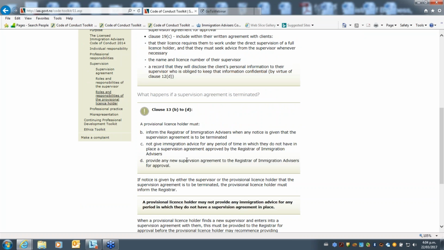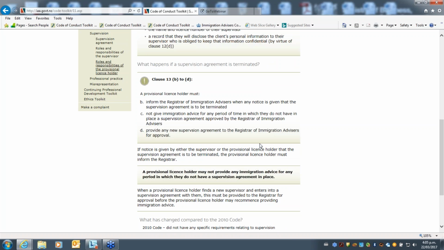It's important that as a provisional license holder you do not give any immigration advice if there's a period where you don't have a supervisor in place. So if a supervision agreement has come to an end and you're looking for another supervisor, or you're waiting for the authority's approval of the new supervisor, you cannot give immigration advice in that period. And you have to submit a new supervision agreement to us for approval.